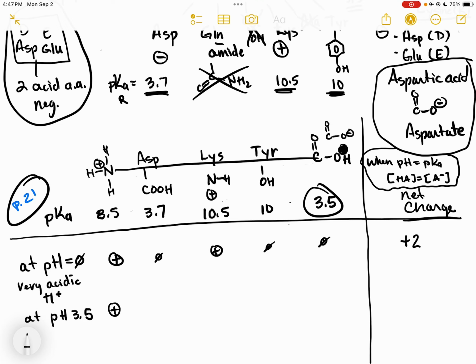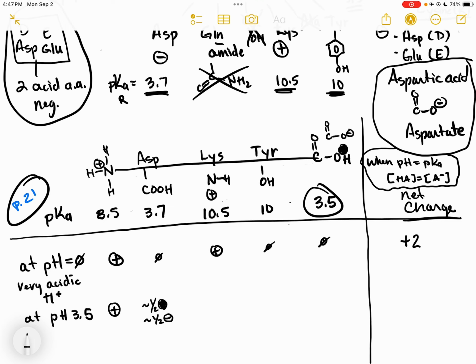Ooh, 3.7 and 3.5. Oh my goodness. That's going to be close to about half neutral and about half negative now, because we've added enough base to get up to 3.5 that some of them have deprotonated.